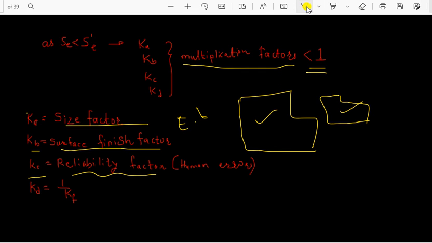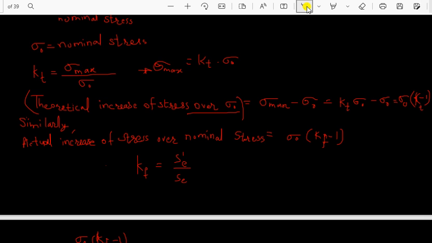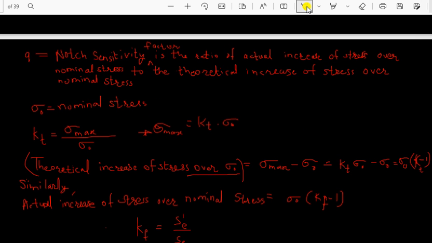Now let us start with our formula useful for the failure theory. Notch sensitivity factor, Q. It is defined as the ratio of the actual increase of the stress over nominal stress to the theoretical increase of stress over nominal stress.